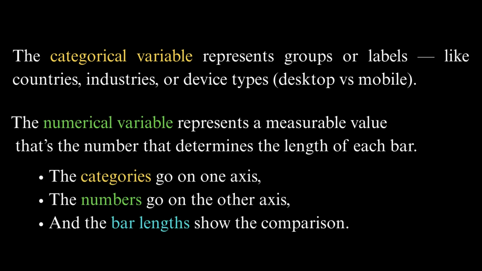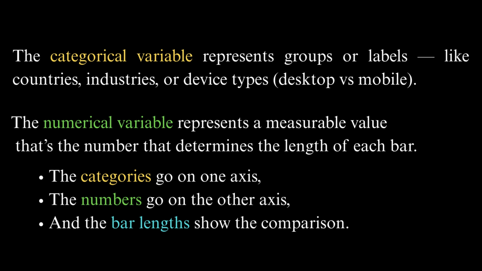So these could be state names or country names, etc. And the numerical variable represents the measurable value, the quantity. And that is the number that determines the length of each bar. So in short, the categories go on one axis, the numbers go on the other axis, and the bar lengths show the comparison. It's simple, effective, and one of the clearest ways to communicate difference between groups.